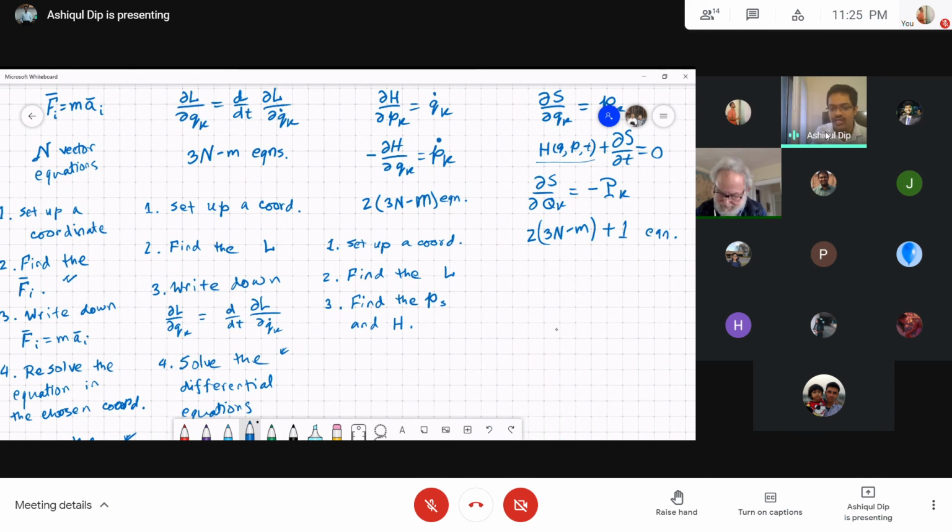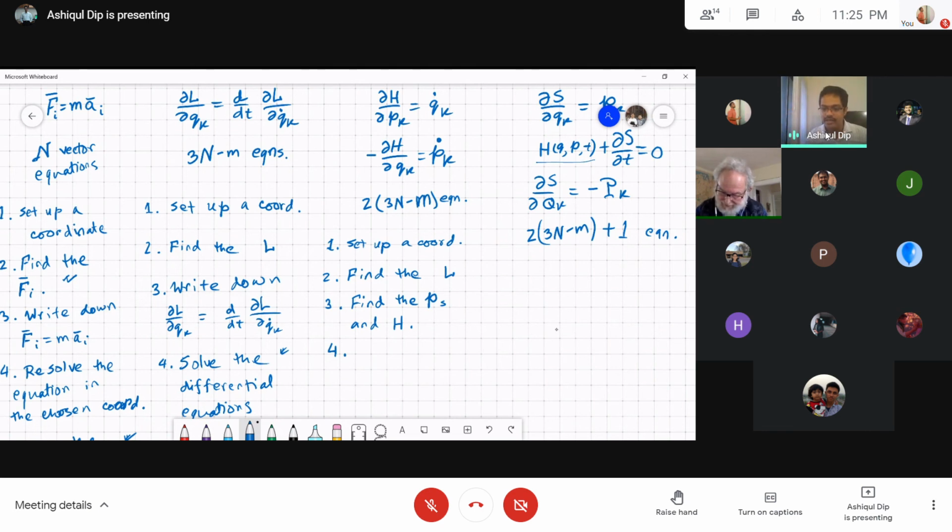Actually, that's a small step. Finding momentum in terms of q dots is not that difficult, because that's basically the partial derivative of L with respect to q dot equals p. That's not a problem, but inverting that relation may sometimes be a big problem.